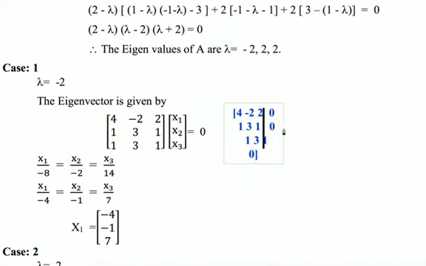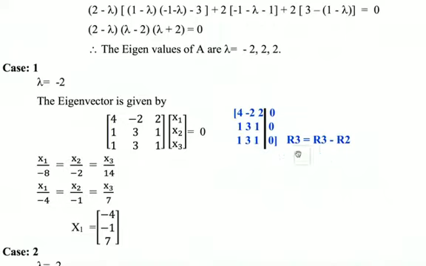I need to extend this. Okay, I'm going to perform the elementary row operations on this augmented matrix. As we rightly remember, R3 equals R3 minus R2. Now what I essentially do is convert this into row echelon form, that is, an upper triangular matrix.